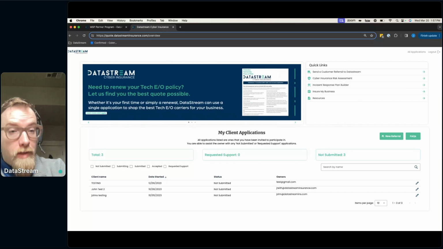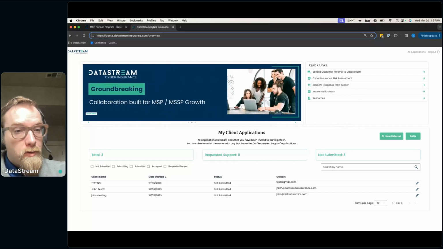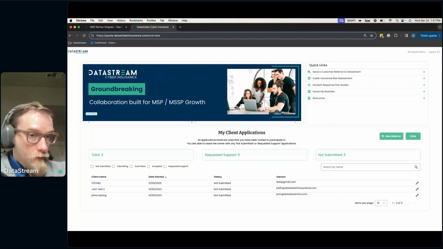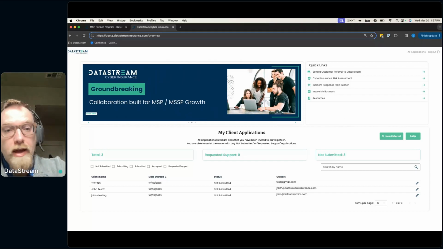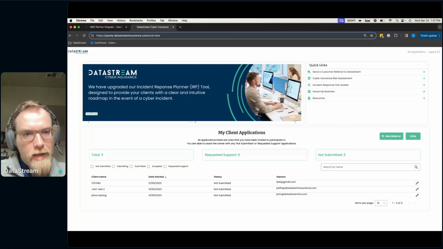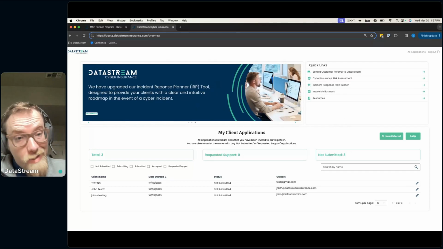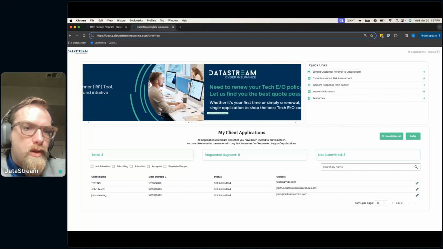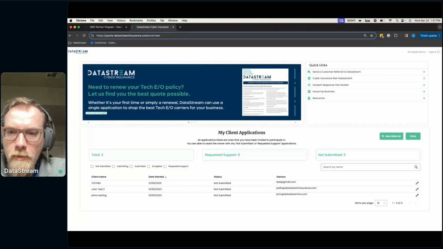At that point, that team is going to map out the internal posture of that customer at the time of the incident. They're going to do their due diligence, finding out if MFA was in place. If they said yes to having MFA in place, they're going to dig in and figure out if that was actually in place during that incident or not. And if it was not, it can absolutely lead to a claims denial.